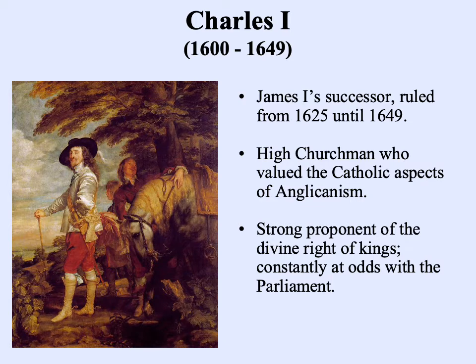So he's constantly at odds with the Parliament. The big difference between Charles I and James VI, his father, was that where his father was pretty intelligent and understood that, I don't like this arrangement, but there's really nothing I can do about it.